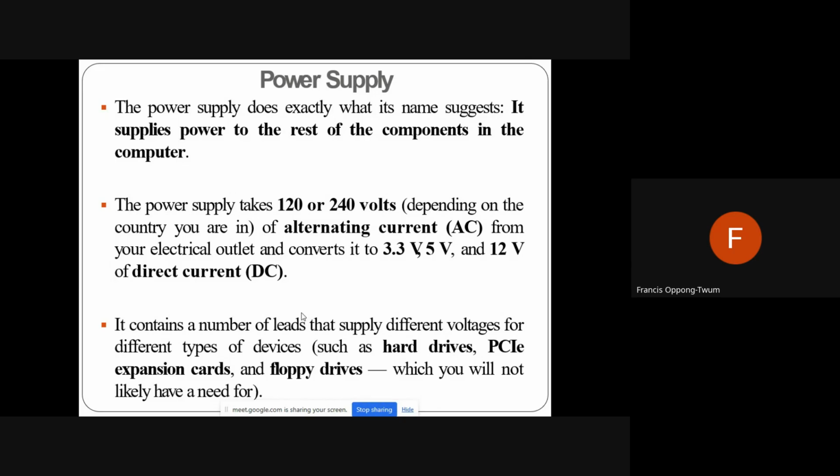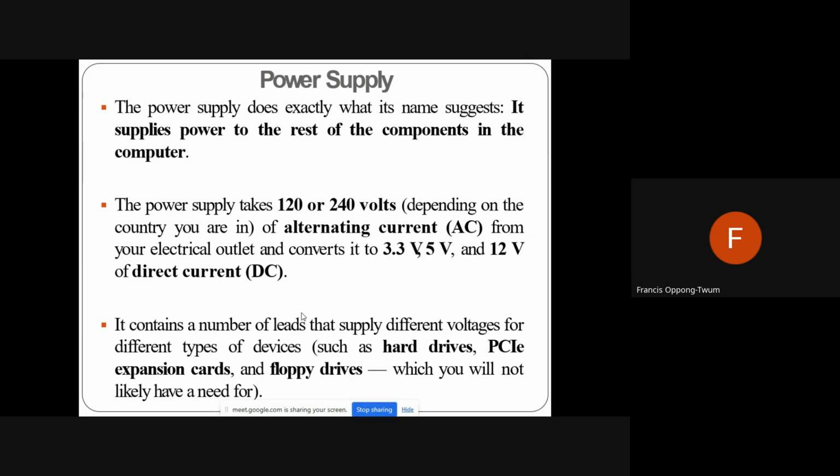And when it comes to the direct current, are we using 3.3V, 5V, or 12V? I think 12V. Okay, please look for it.